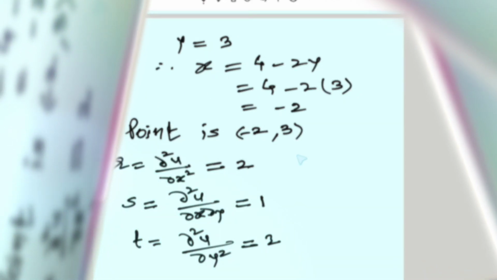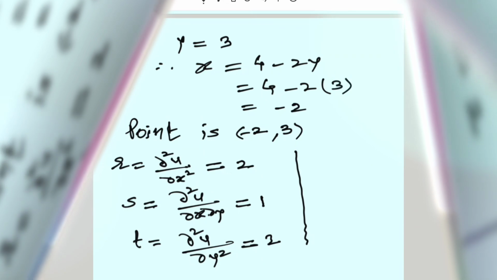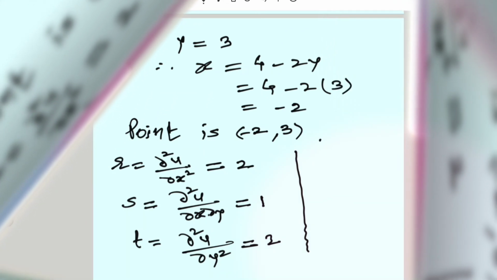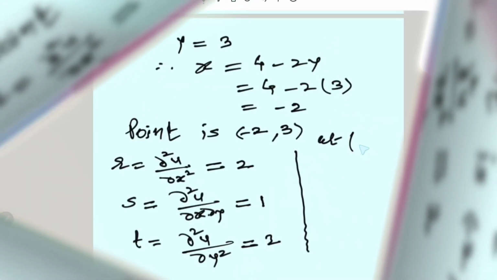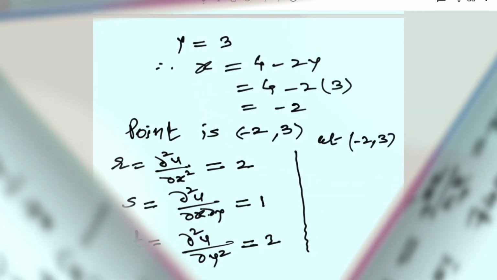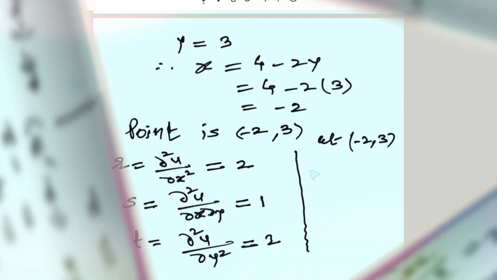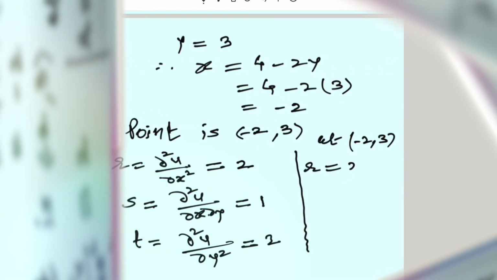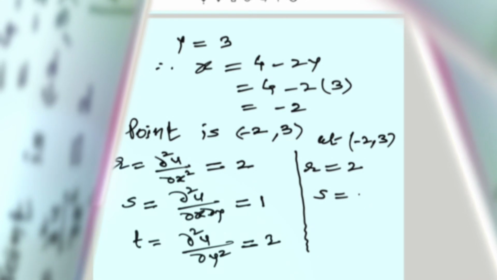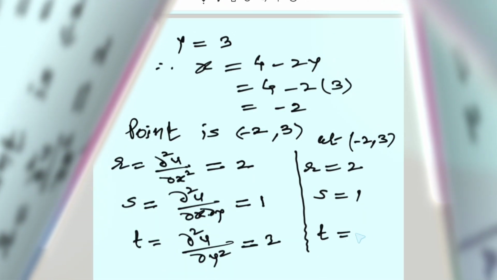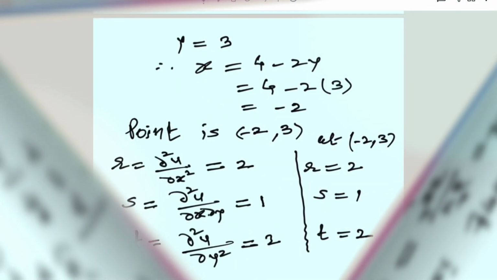Then we determine these values at the point (−2, 3). As these values are independent of x and y, the values remain the same. Therefore, we get r as 2, s as 1 and t as 2. As no term of xy is there, we get the same value for r, s and t.